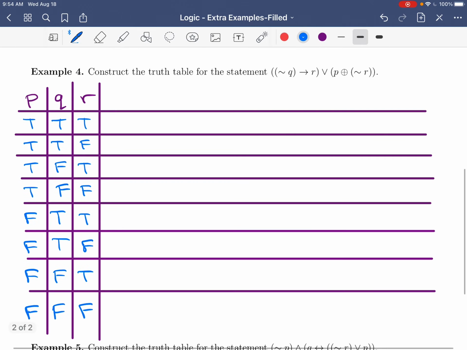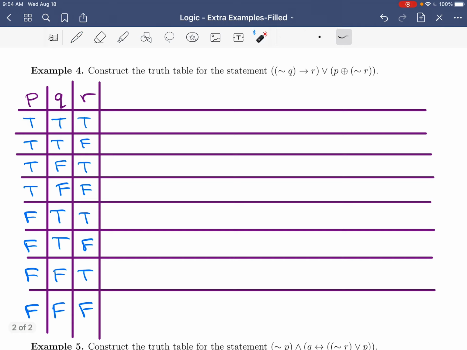Okay, so now I want to build up to this compound statement here. So I need not Q. Okay, so maybe I have a column for that. So that's the opposite of Q, so it's going to be false, false, true, true.